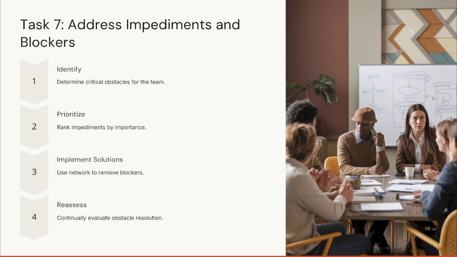To cover the first key enabler here, it is to determine the critical impediments, obstacles, and blockers for the team. The exam scenarios here may present situations where a team's progress is disrupted due to technical, organizational, or interpersonal challenges.